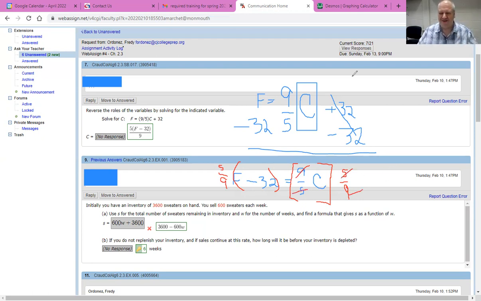Fortunately, that leaves on the left-hand side, if you look very closely, exactly what we have here. Now, you could have written it the way that they have it there, or you could write it the way I have it here. Over there, what they did was they took the F minus 32 and acted like it was its own fraction, like it's over 1, and then that quantity, F minus 32, gets multiplied by the 5, and that's the new numerator.